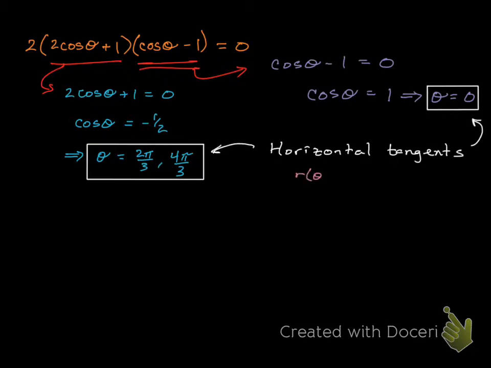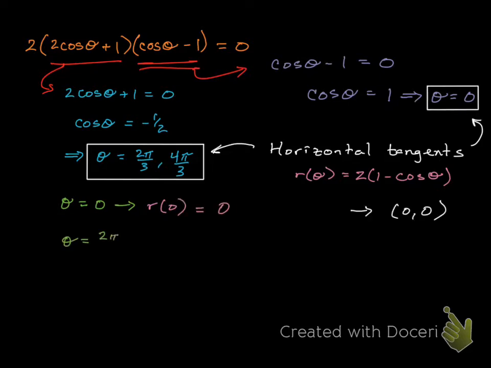And again, I want to try to find the corresponding r value. I want to write the polar points. So I plug each of these theta values into r to find the r value. We already did theta equals 0. That's at the 0, 0 point. When theta is 2 pi over 3, I plug that in: 2 times 1 minus cosine of 2 pi over 3, that's a minus a half.